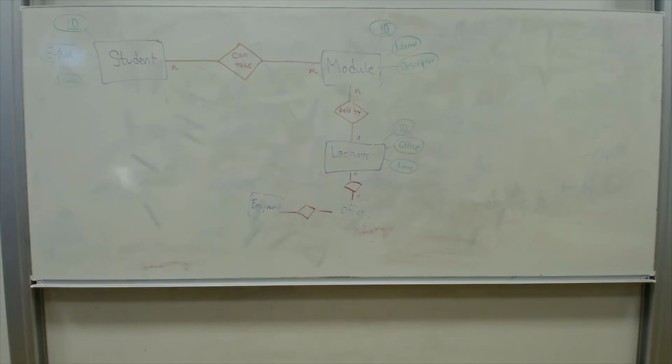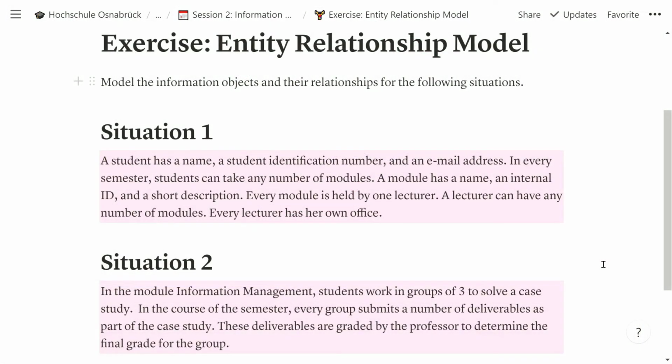It always depends on our use case and on the whole model. Okay, but I think it's fine if we just model it as an attribute. From this situation 1 description, we cannot infer that we need the office for anything else. Okay, are there any more questions regarding the first situation?